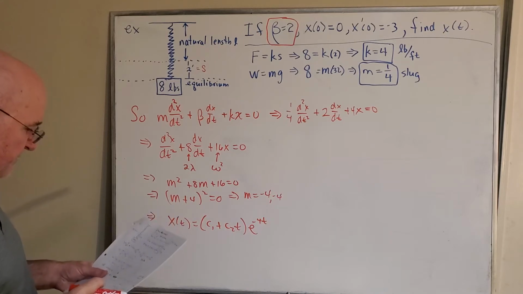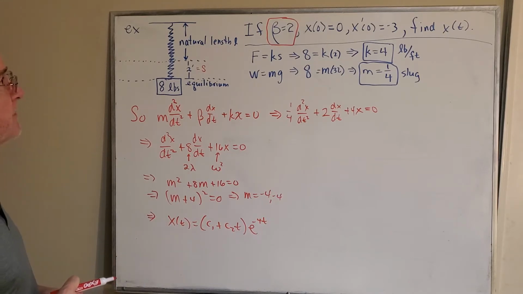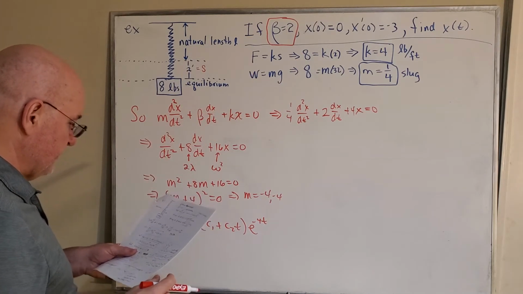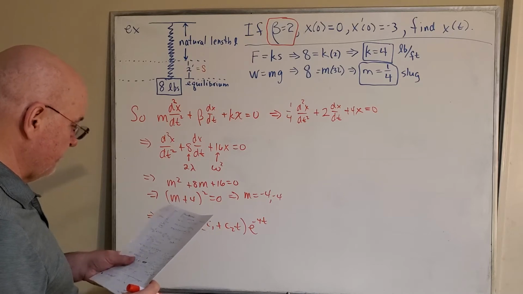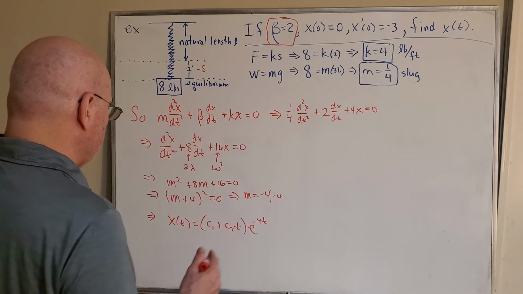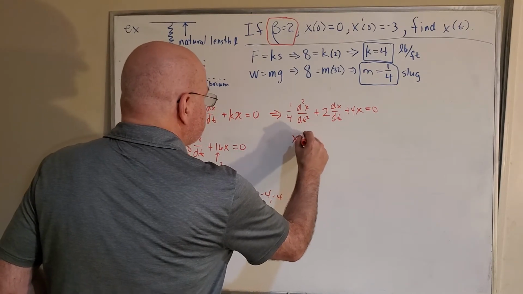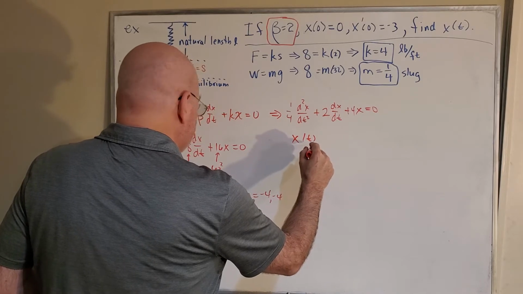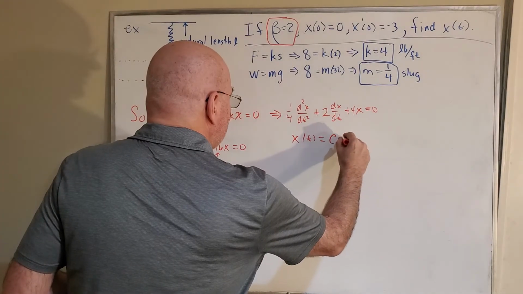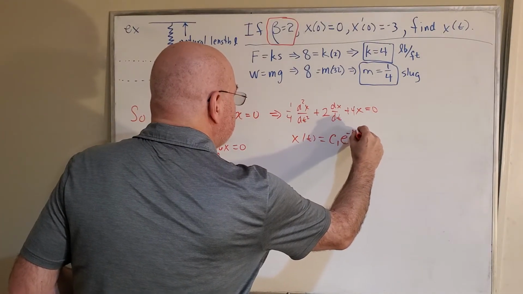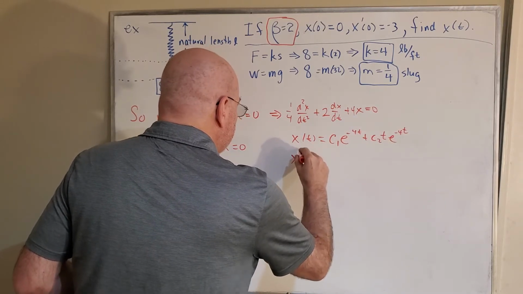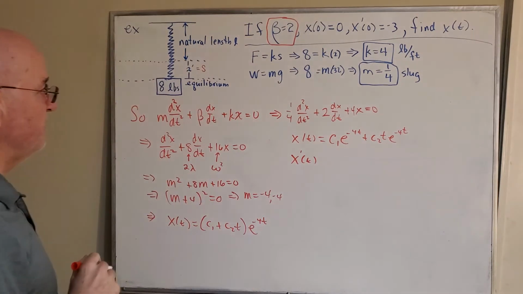Okay, let's go ahead and figure out the c1 and c2 based upon the initial values that were given to us. Let me write out x of t here, and I'm going to multiply it through so I get c1 e to the negative 4t plus c2 t e to the negative 4t, so that I can write out right underneath it the derivative, which we'll need.